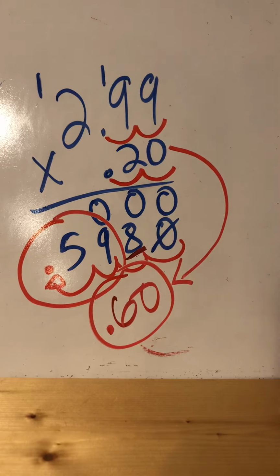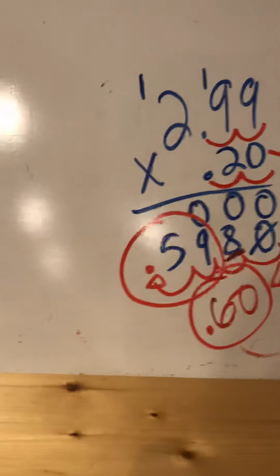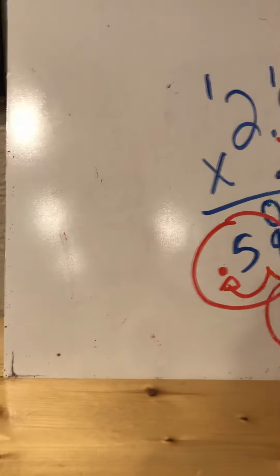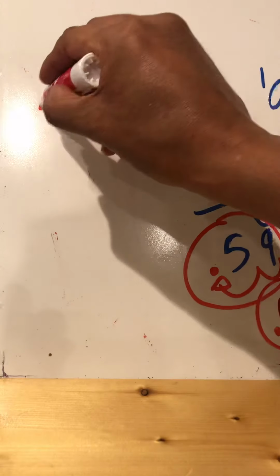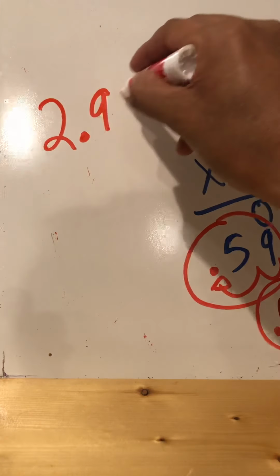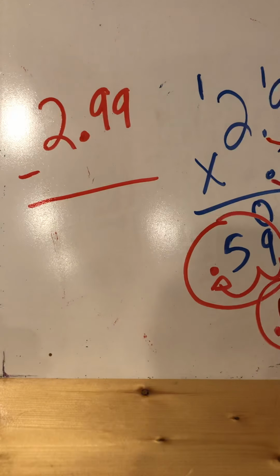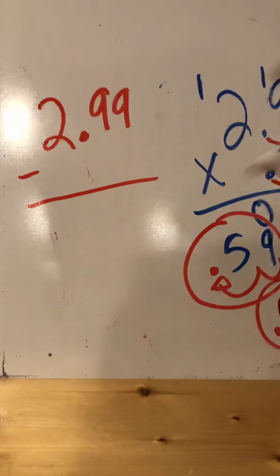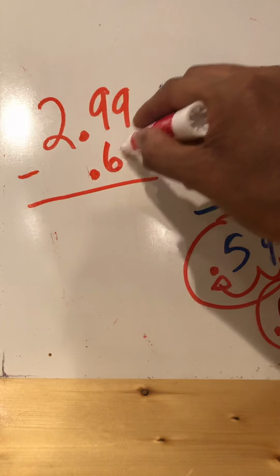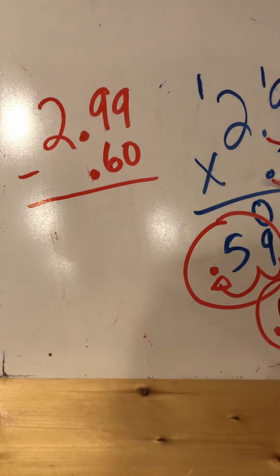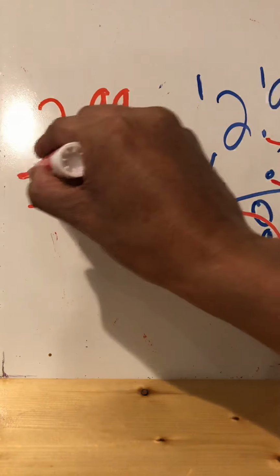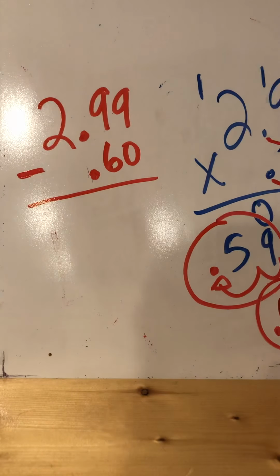But I'm going to take it a step further because we're talking about money and a discount. A discount means that we are taking away that amount. In this case, the amount that we're talking about is the 60 cents. Discounts get subtracted, right? Because you're paying less.